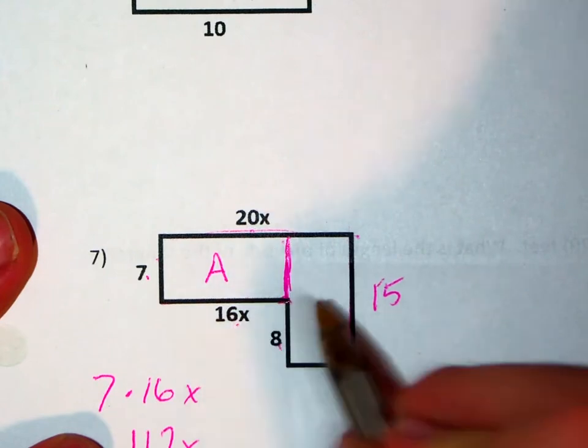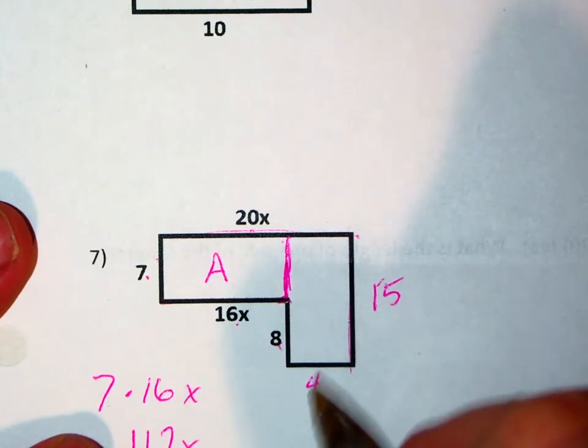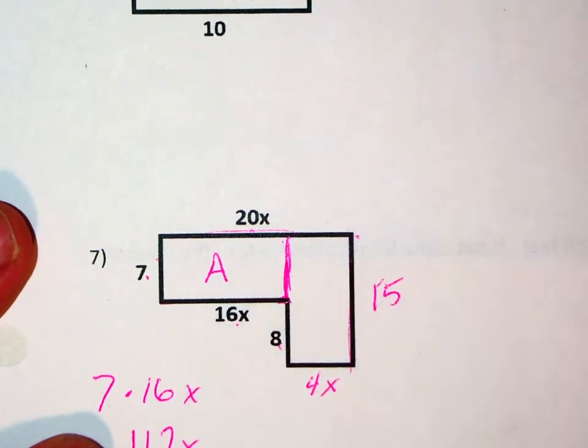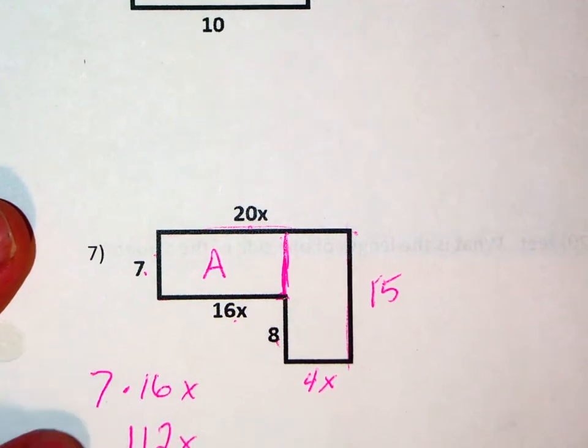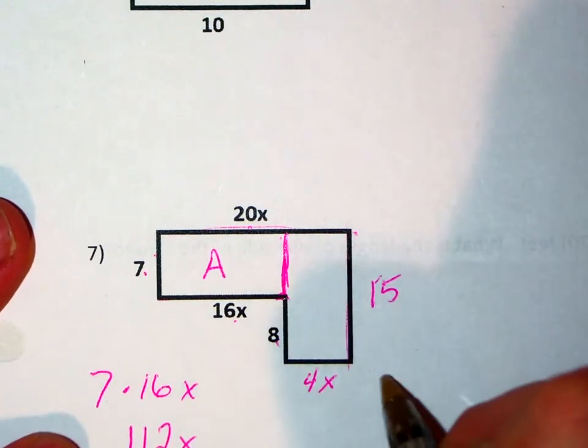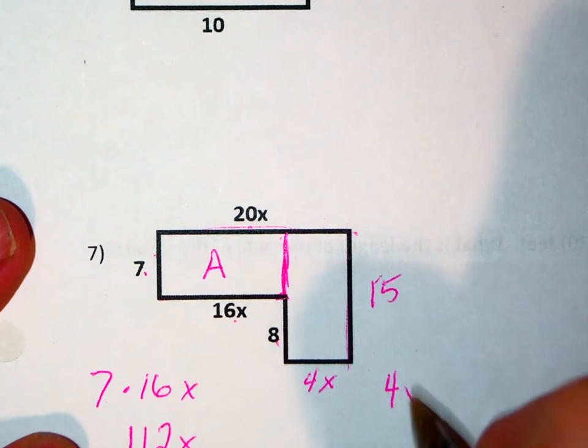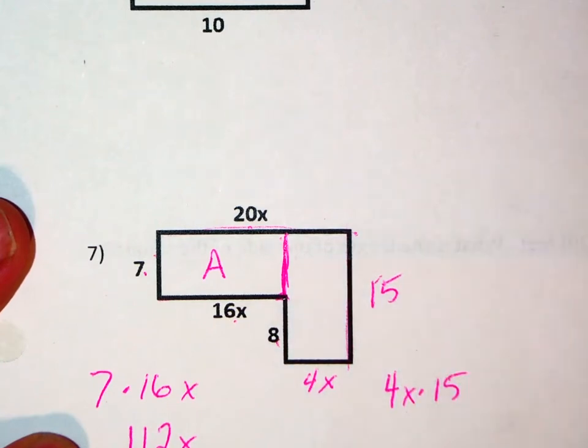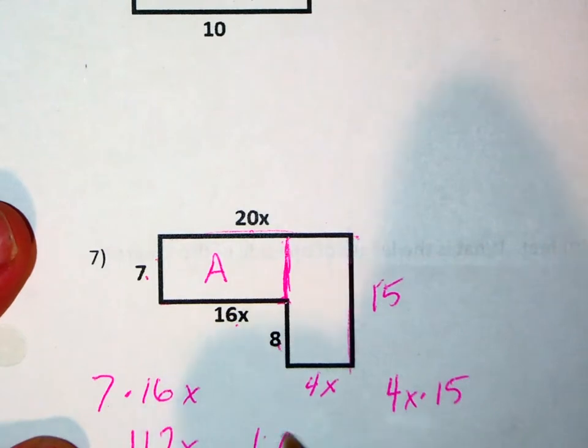So 20 minus 16x means that this has got to be a remainder of 4x. And now I simply just need to figure out 4x times 15, which would be 60x.